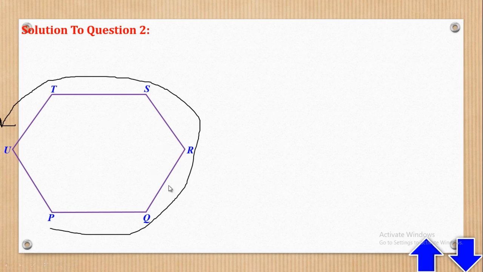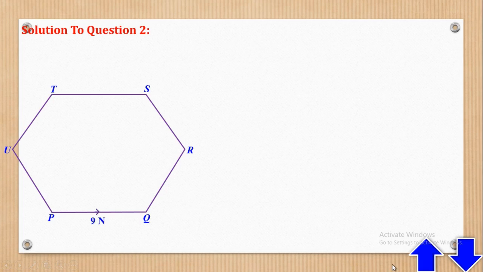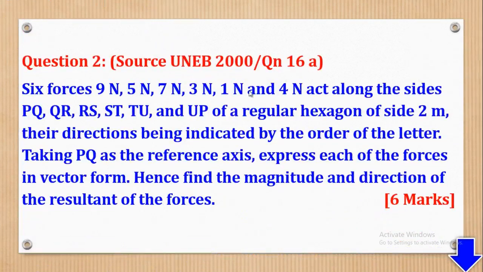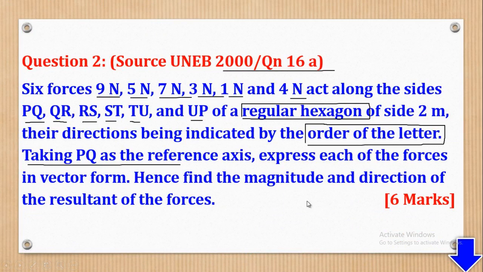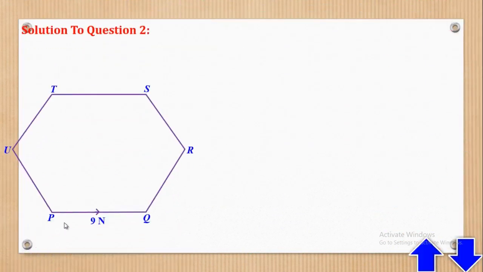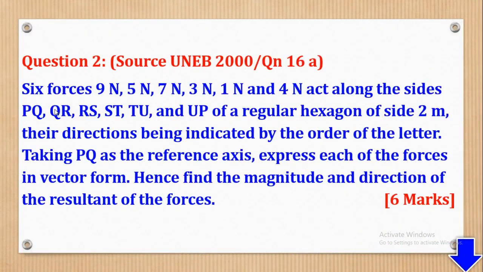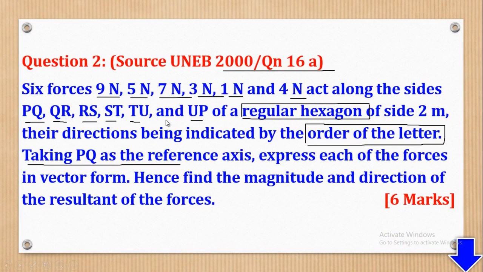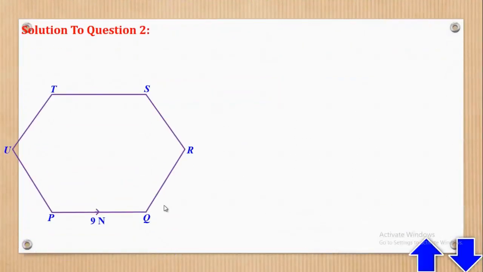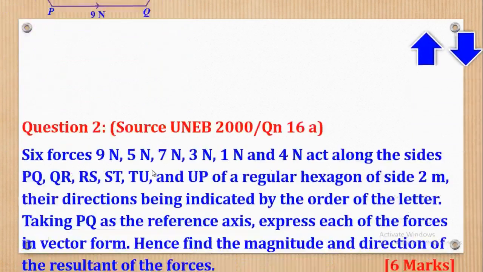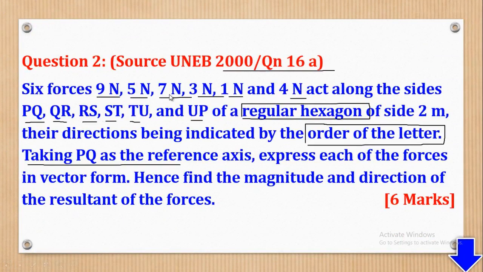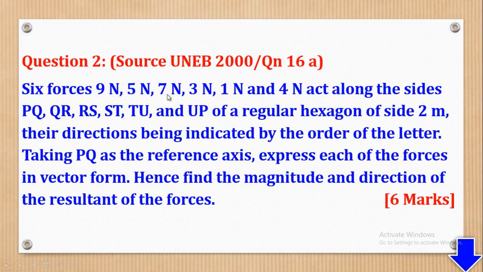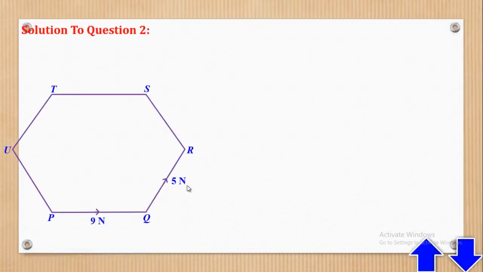After that we shall now start labeling the forces. PQ corresponds with 9 Newtons, so that is why we put here 9 Newtons in the direction from P to Q. Then in the direction from Q to R, we shall put 5 Newton force. Then the direction RS corresponds to 7 Newton force, so we put there the 7 Newton force.